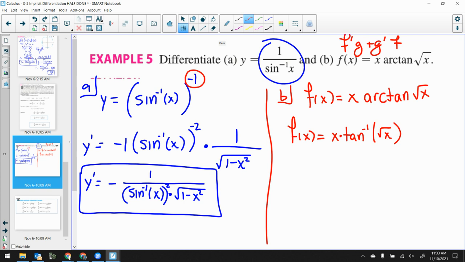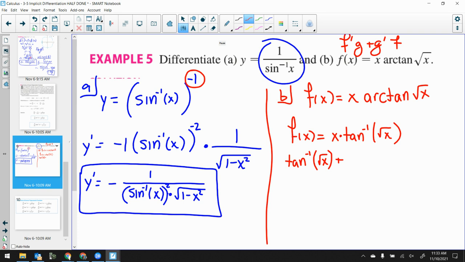Times the original g, tangent inverse square root of x. Plus, okay, g prime. It is the derivative of inverse tangent of the square root of x.